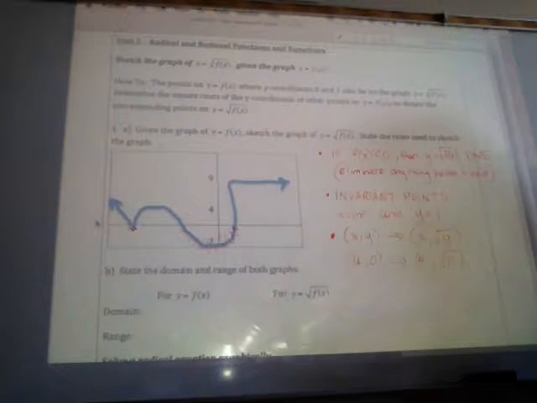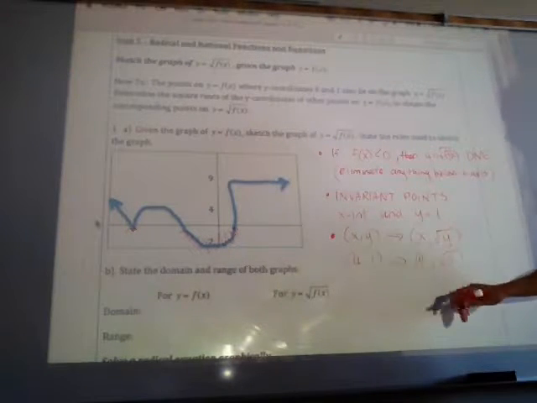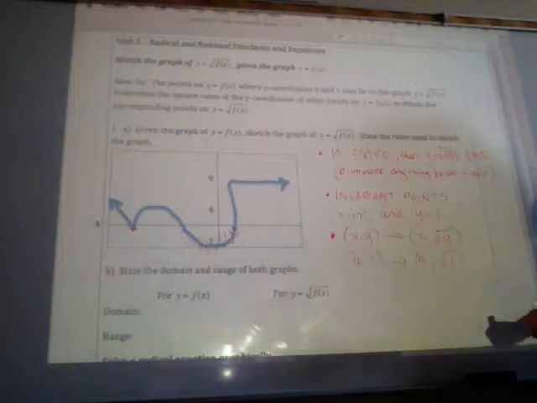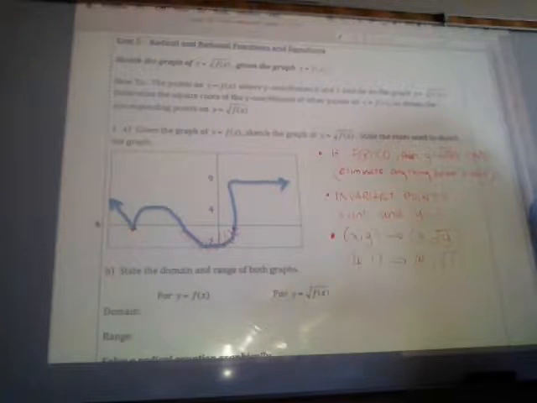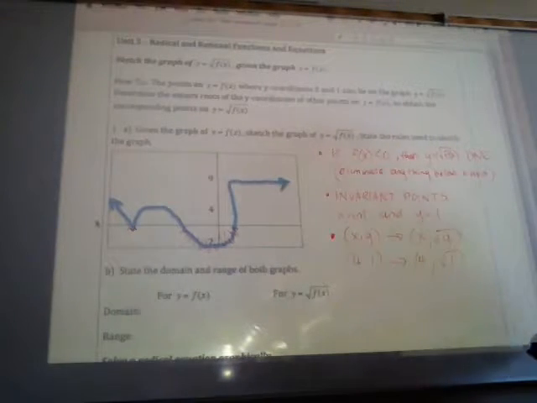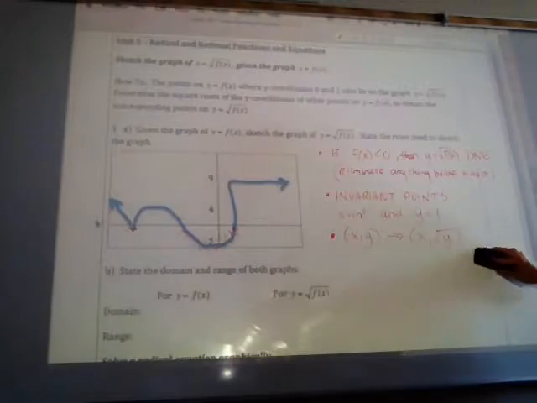Okay, the square root of 0 is just 0. So is that an invariant point? Yes. Now what if y was a 1? Square root of 1 is 1. So basically that's why we have invariant points on x-intercepts and y equals 1. Okay, feel free to write that down or just do the point mapping.